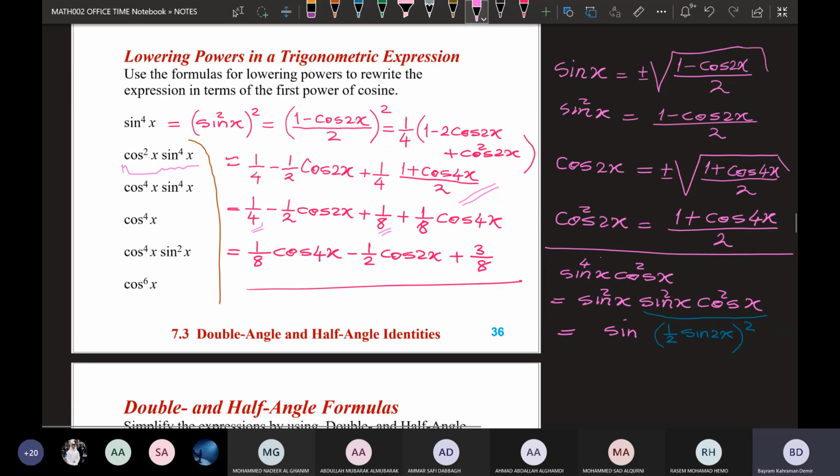And also for the sine square x, let's remember, Shabab, just like here, we showed you what sine square x is. Sine square x is here. You see that? So it is 1 minus cosine 2x divided by 2, Shabab.